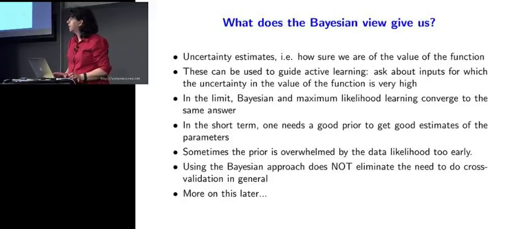Can you just be more specific about what it means for the prior to be overwhelmed by the data? So if you think of our formula, we have P of D given H, which is the data set, and then P of H. If I take the log, P of H gives me one term, and P of D given H is actually a sum of terms under the IID assumption, one term for every data point.